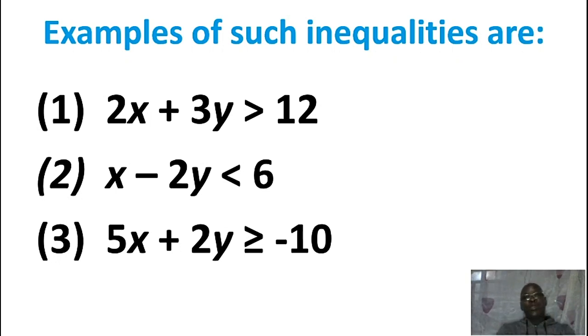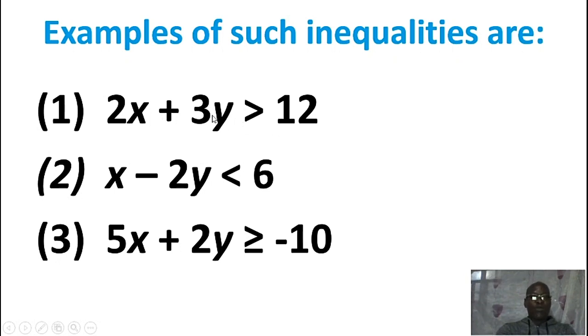Here, examples of such inequalities are, the first one, 2x plus 3y is greater than 12. You can see a single inequality containing both x and y. What do we do? We cannot just solve it. The only thing we can do is to represent the system on the Cartesian axis.